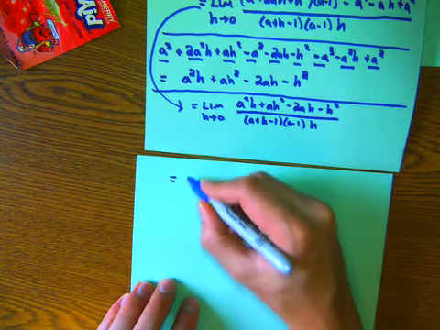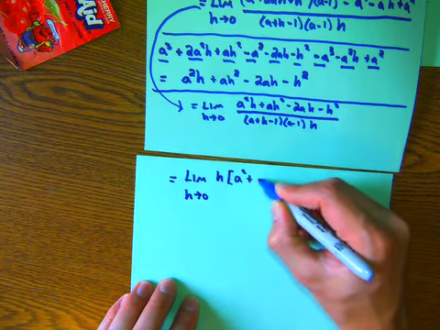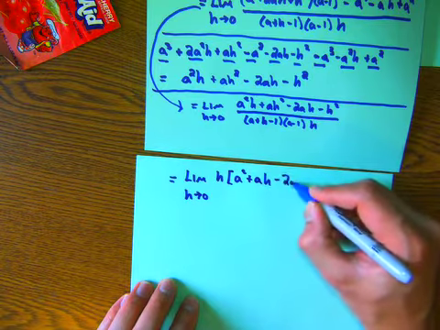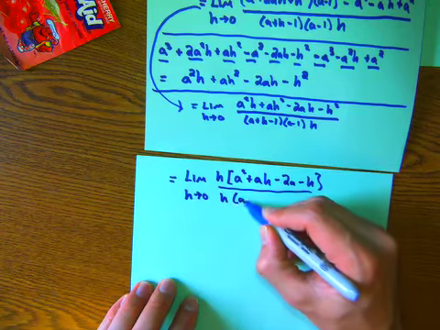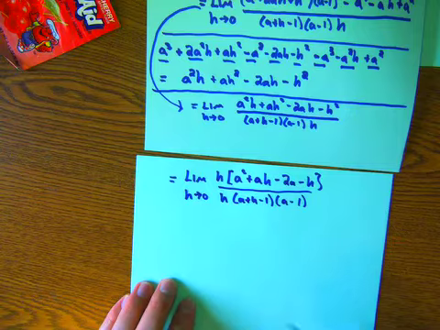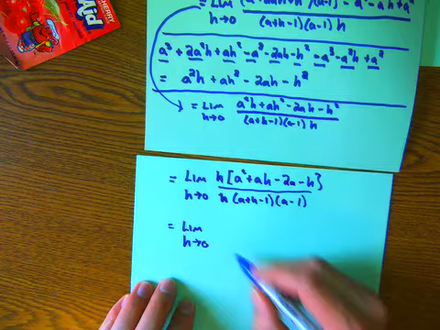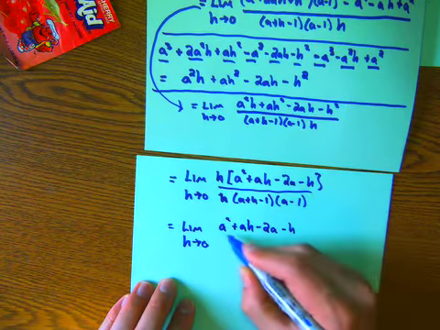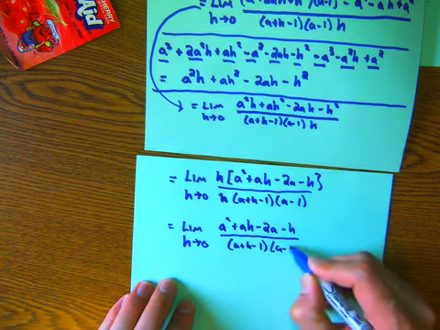Pulling the h out, this is the limit as h goes to 0 of h times a squared plus ah minus 2a minus h, over h times a plus h minus 1, a minus 1. Cancel the h's, and we're left with the limit as h goes to 0 of a squared plus ah minus 2a minus h over a plus h minus 1 times a minus 1.